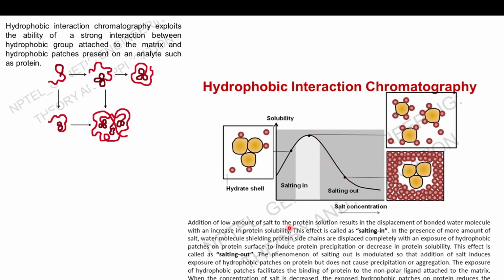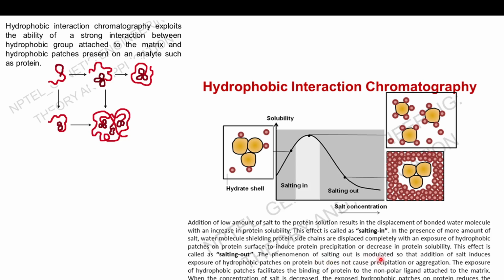after a certain point, in the presence of more salt, the water molecules shielding the protein side chains are displaced completely, with an exposure of hydrophobic patches on the protein surface to induce precipitation of proteins or decrease protein solubility.